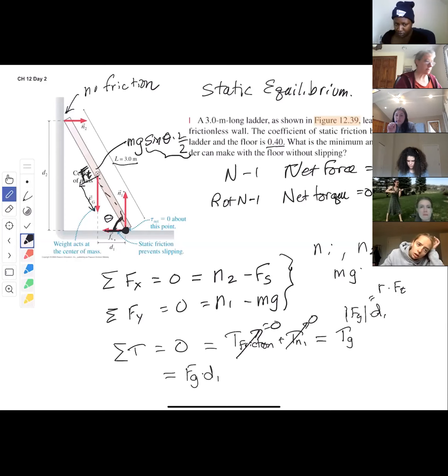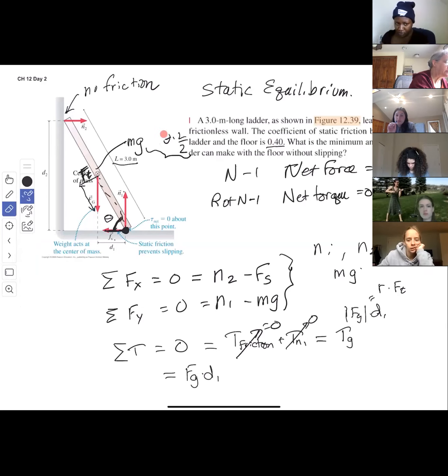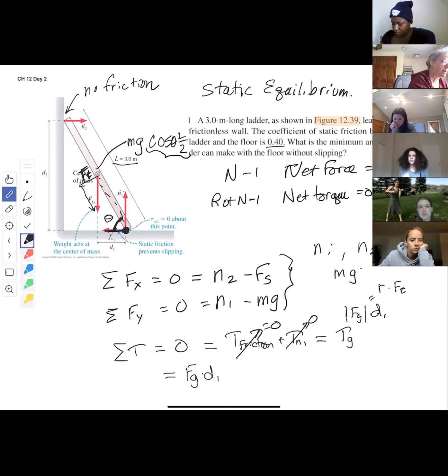Oh yes, that's not sine, that is cosine. Sorry for that. Cosine theta: d1 is actually equal to that, in this triangle where L over 2 is the hypotenuse. So either of those two terms would have been acceptable. I'm going to write it the way Theo said.